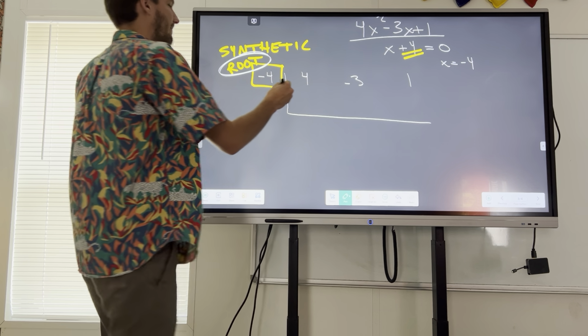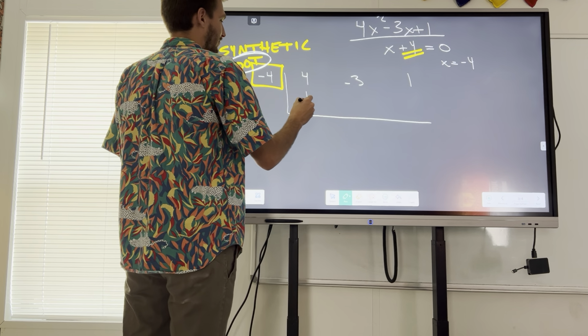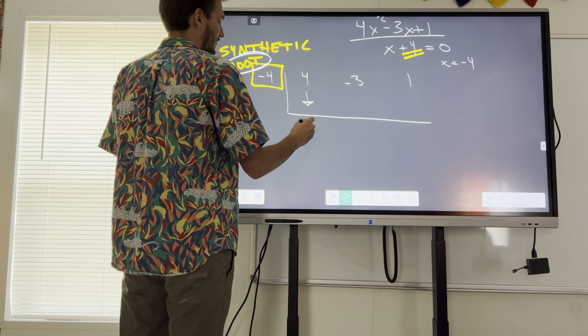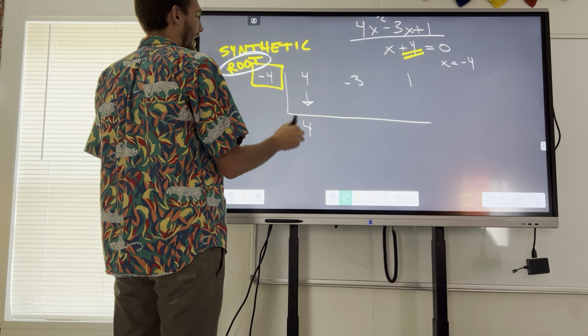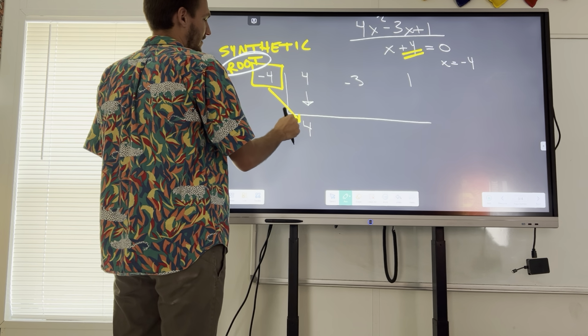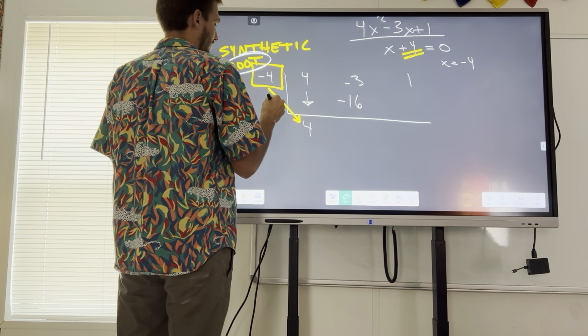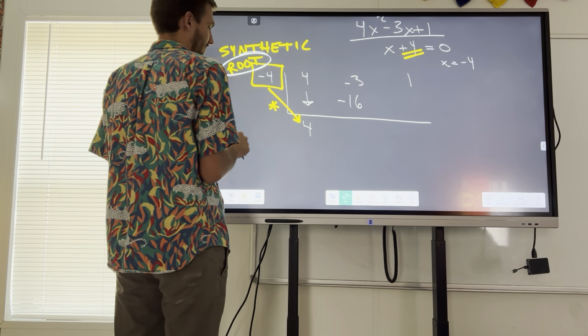When we go to do that, the process is: bring down the first number and then multiply to get -16. This is a multiply.